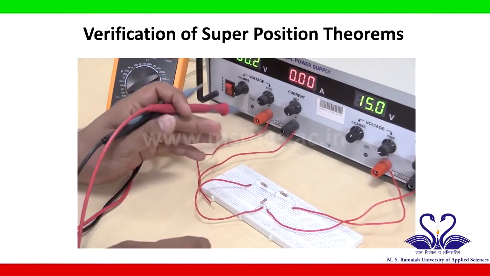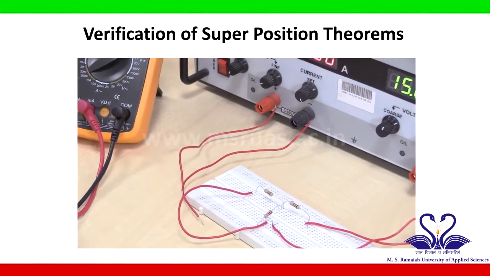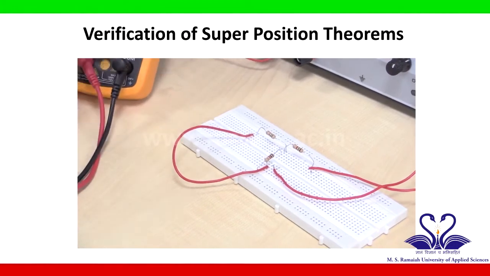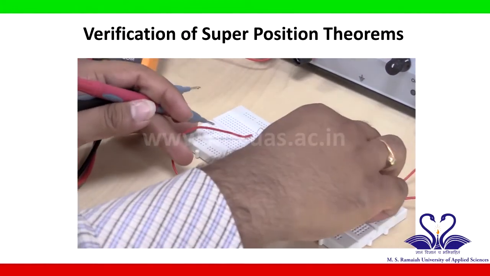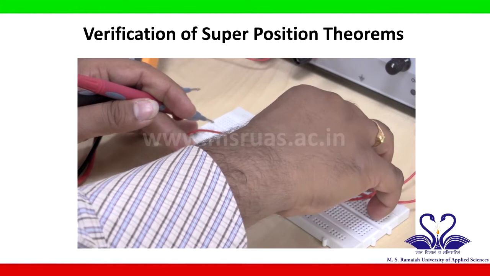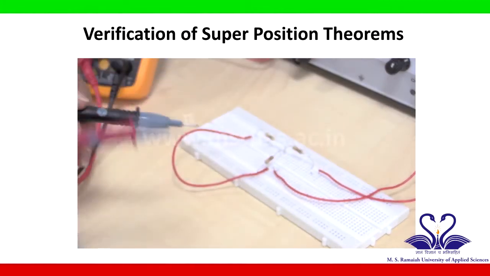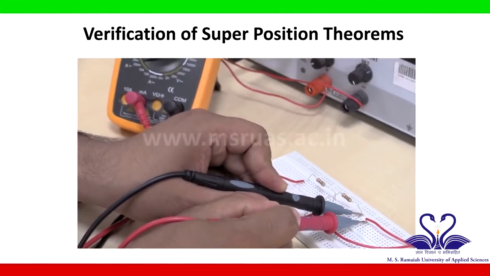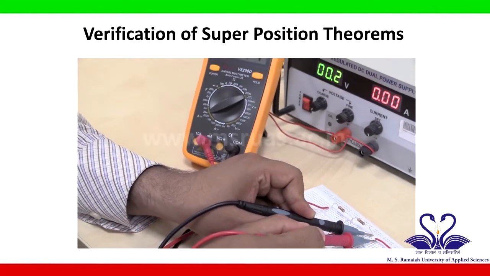So the current flowing through resistor R3 is 7.14 milliamps.